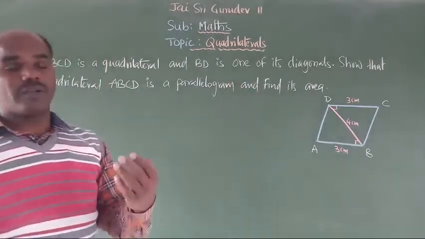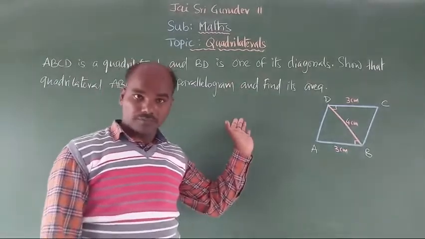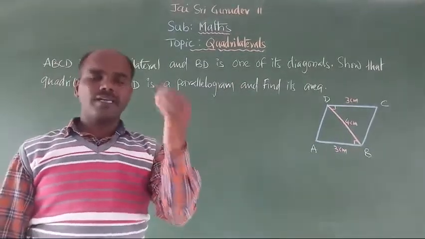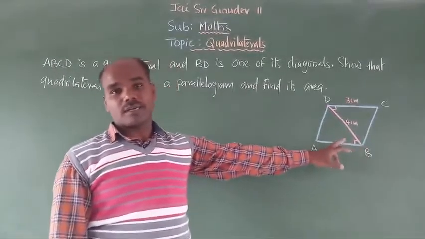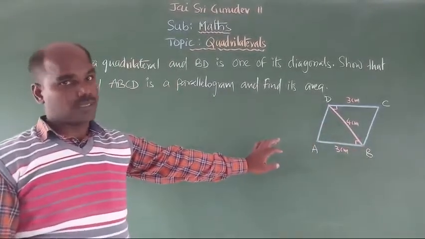Dear children, we know all the properties of the parallelogram. Based on that, if you can prove any one of them, that quadrilateral can be called a parallelogram. Yes or no children?